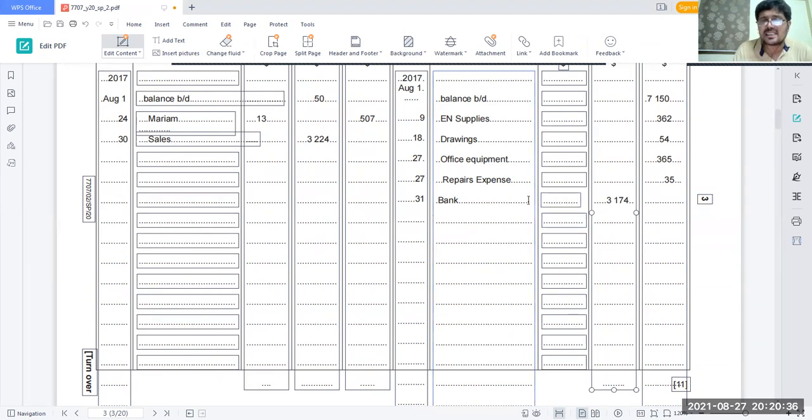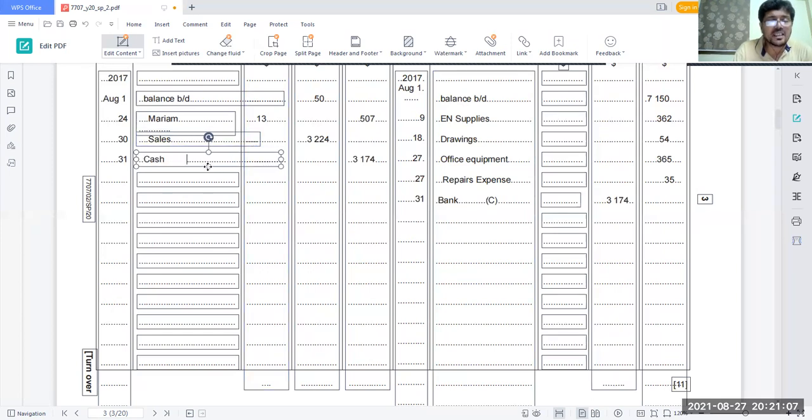This requires a C entry. So what we are going to write here is a C, a C entry. And here we write in the bank 3,174 on 31st August. 31st August, cash is deposited.